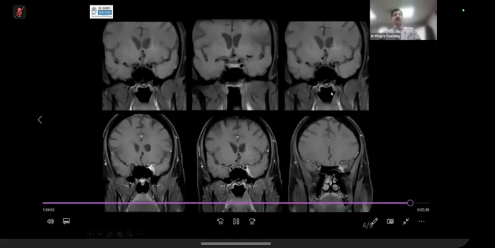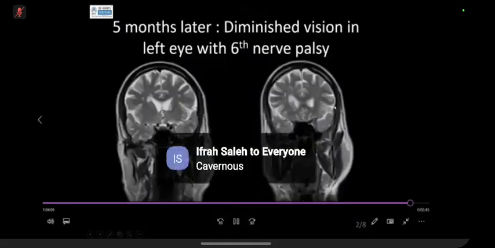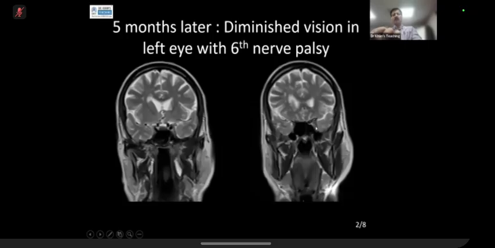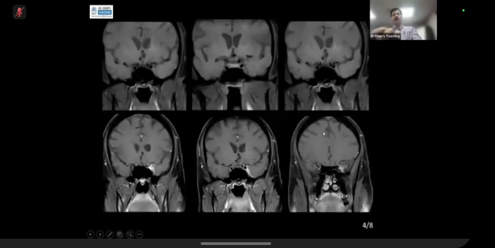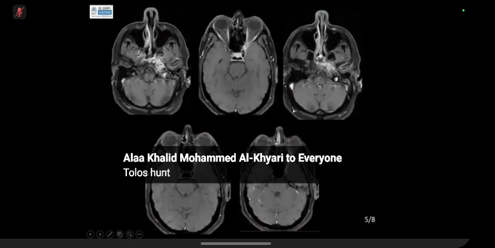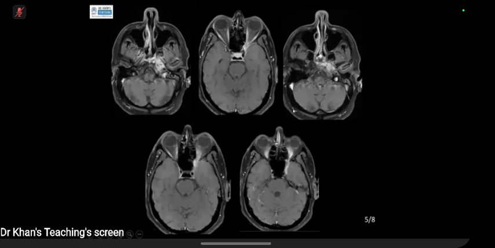Excellent. If you go back to this T2, even here there was a slightly different signal, right? Yes, so I would think about cavernous sinus thrombosis, pus or thrombus within it, as a complication of the inflammation within the petrous apex.